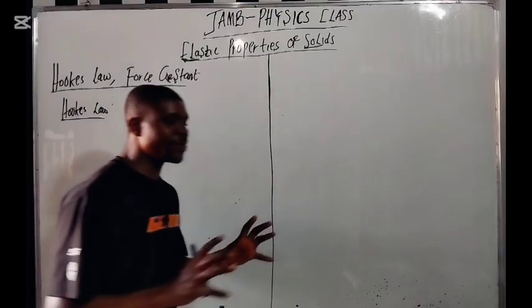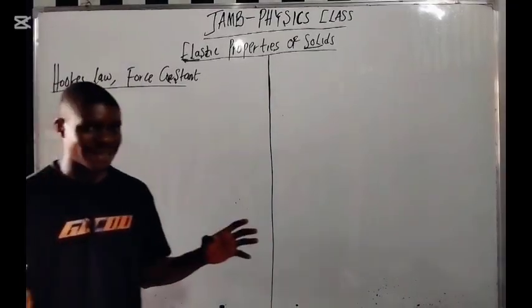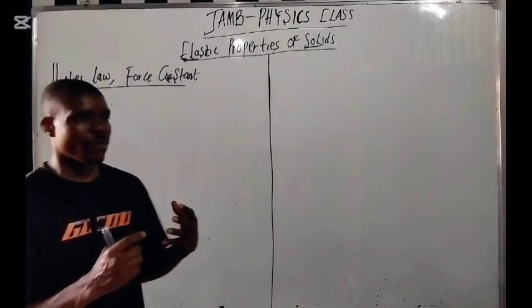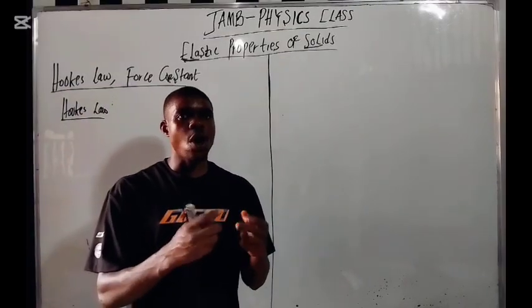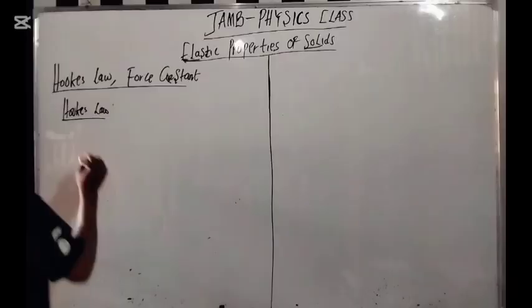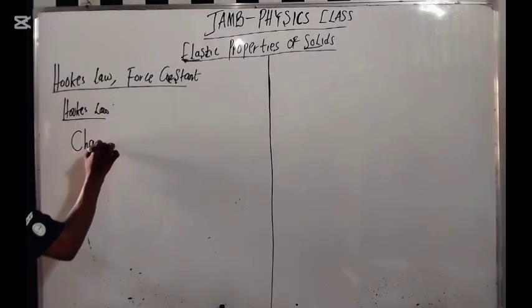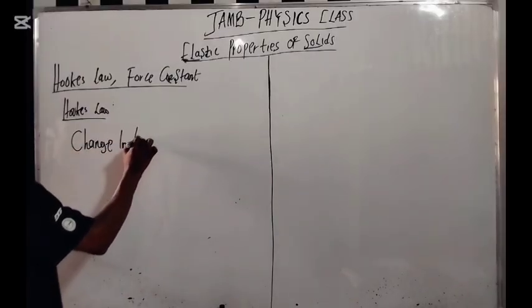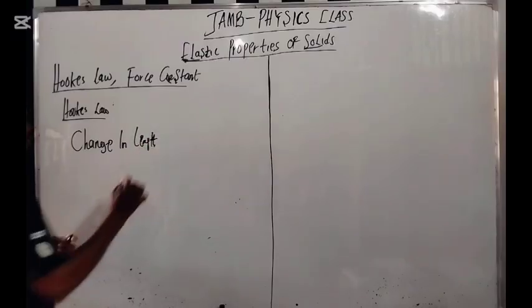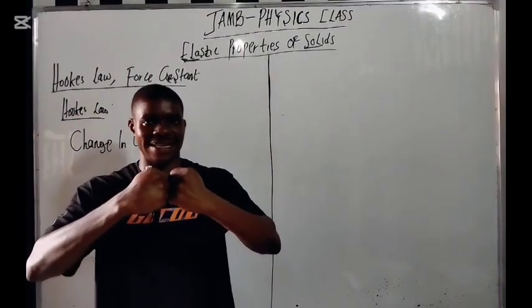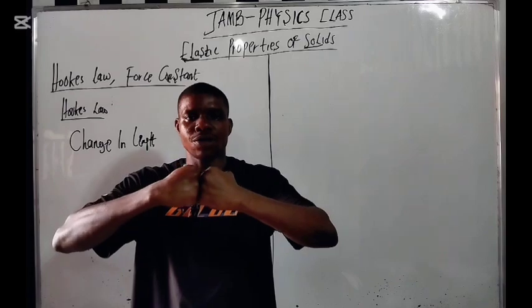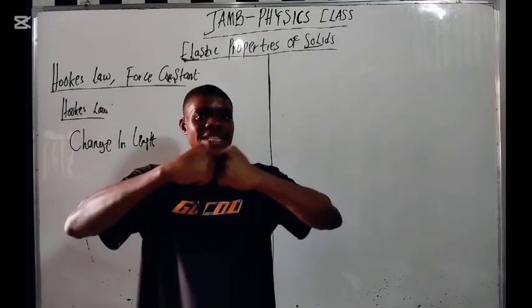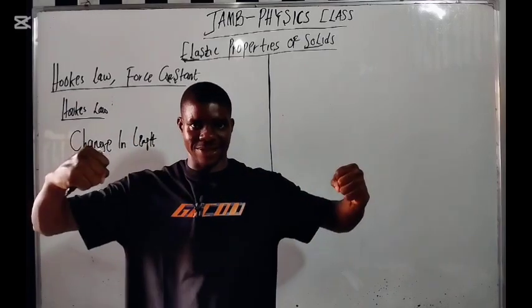So what Hooke's law is talking about is this: the change in length, or the extension. If you have a rubber band and you apply force, it has expanded, the length has increased, right?